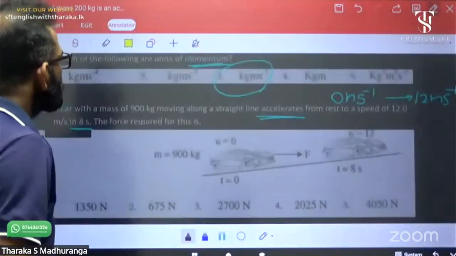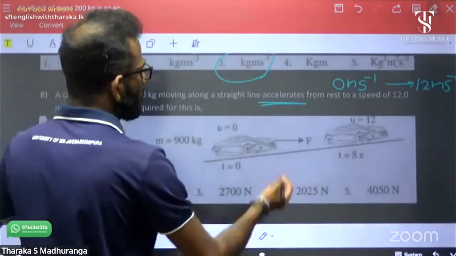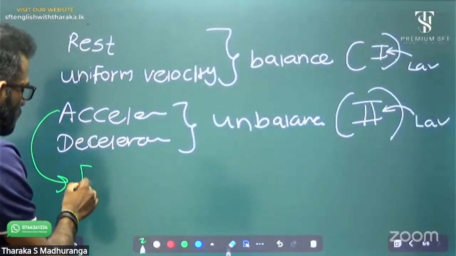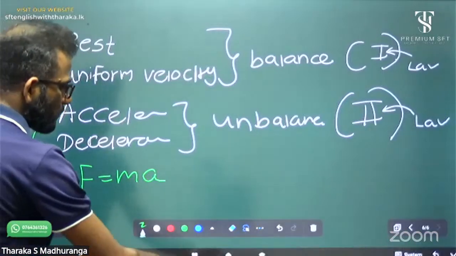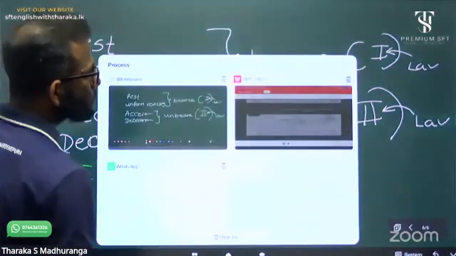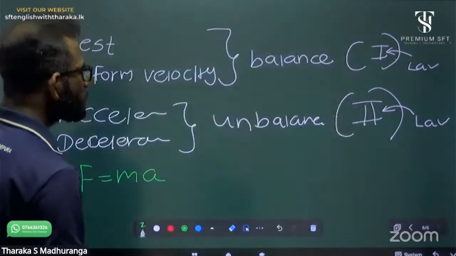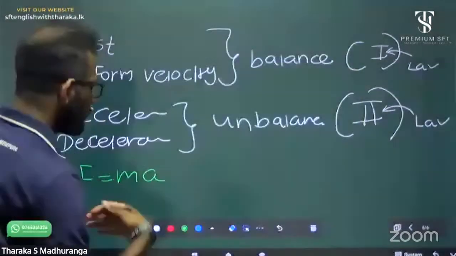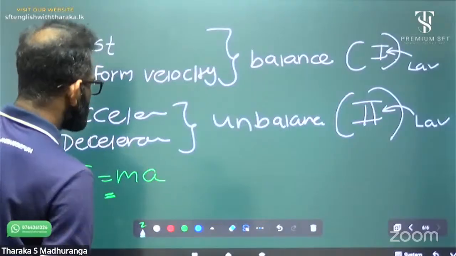Newton's second law: what is the equation? F equals ma. Now it is accelerating. There is no friction because they have not mentioned any friction.